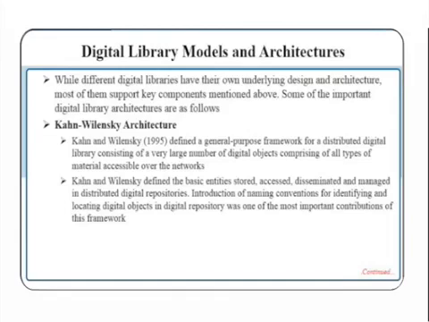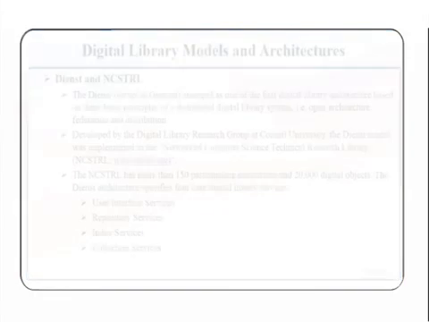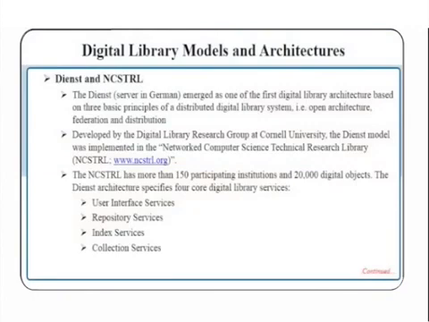Kahn and Wilensky defined that the basic entity is stored, accessed, disseminated, and managed in distributed digital repositories. Introduction of a naming convention for identifying and locating digital objects in a digital repository was one of the most important contributions of this framework. The DANS and NCSTRL architecture.